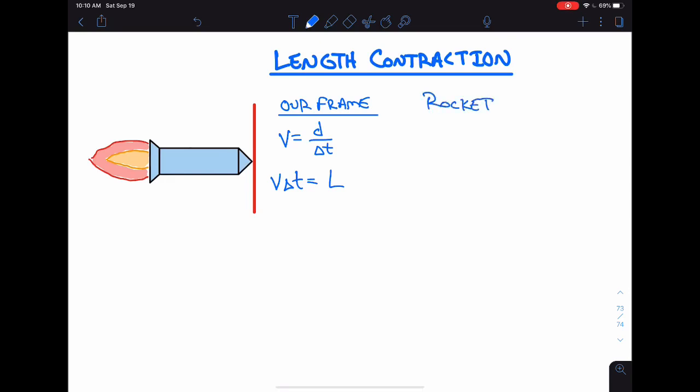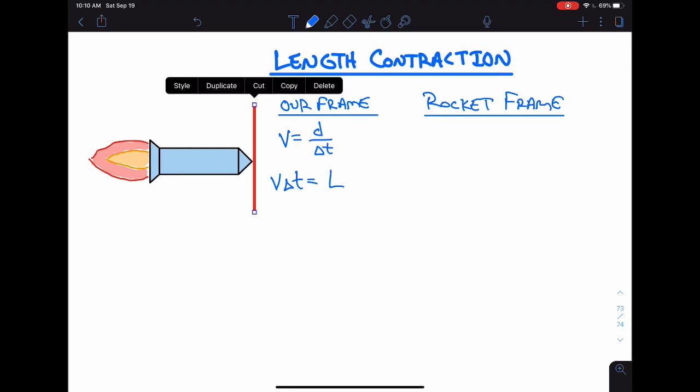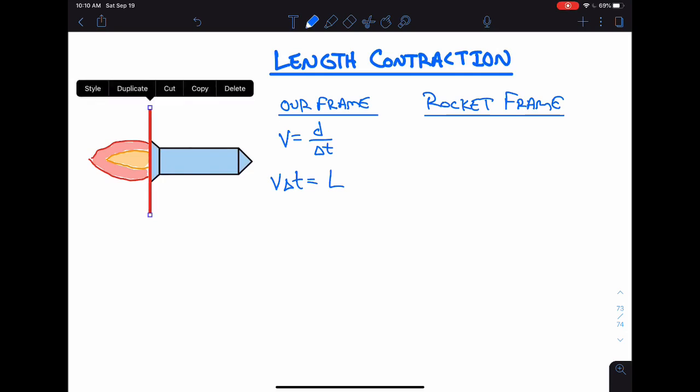So in the rocket frame, if there's somebody inside the rocket, they're going to see the beam move across the rocket. They see the beam approach the rocket, and then they see the beam just move down from the nose to the tail.